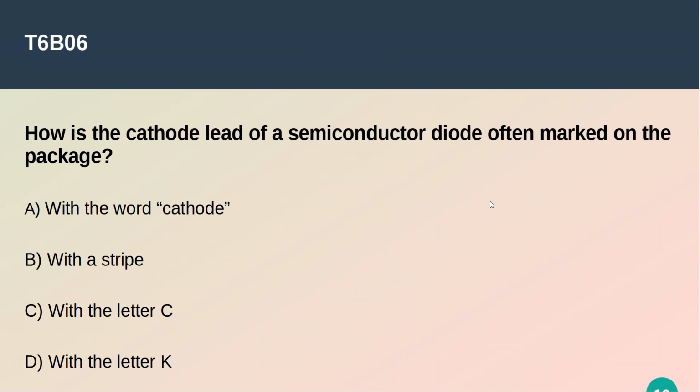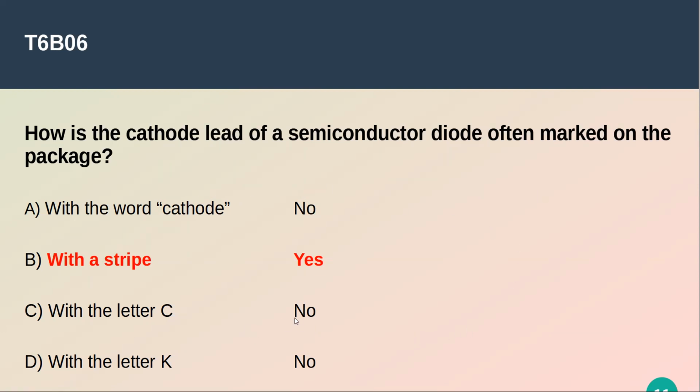How is the cathode lead of a semiconductor diode often marked on the package? B, Bravo. I've never seen one that said cathode.